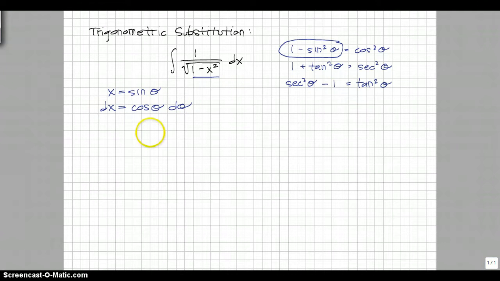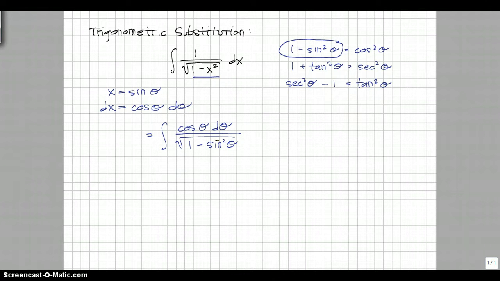We're going to rewrite this integral, replacing dx with cosine theta d theta and replacing the x with sine theta, so that we have the square root of 1 minus sine squared theta.